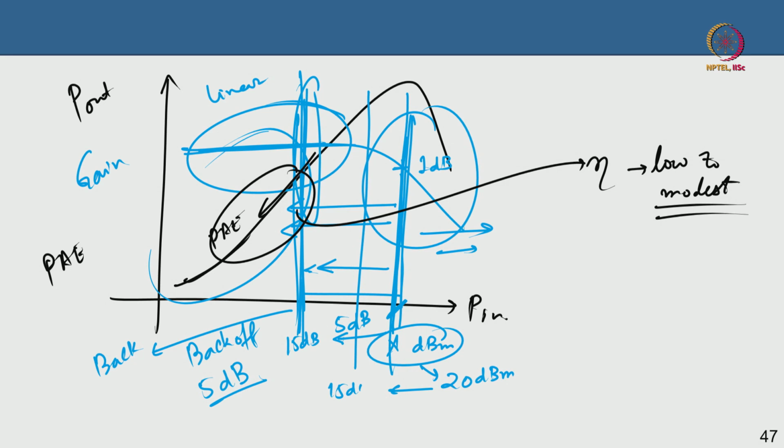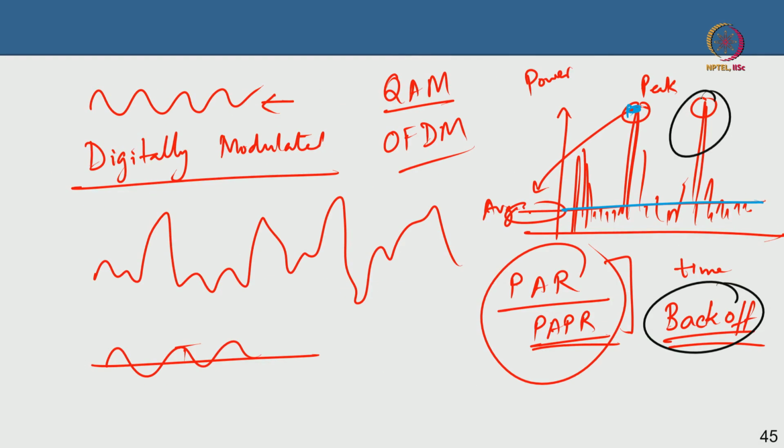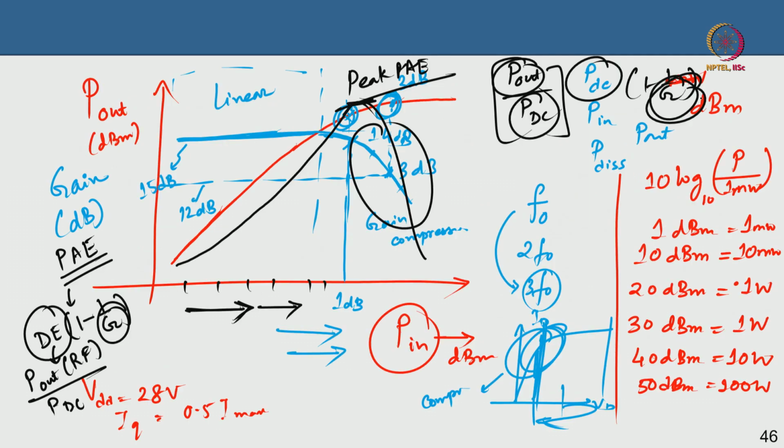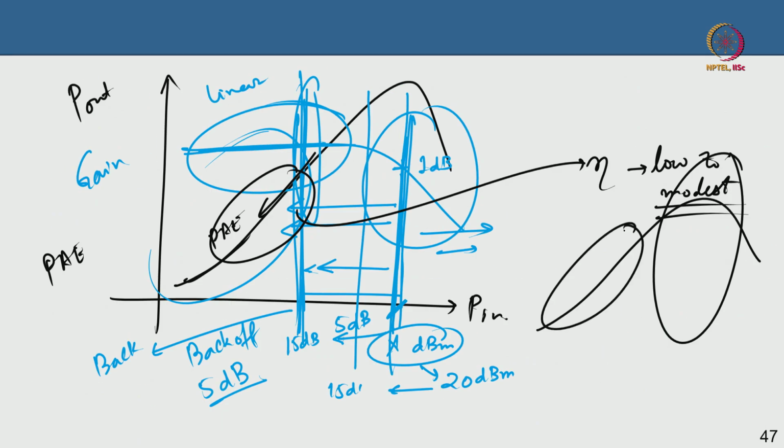That means you are not operating at saturation, and because your efficiency curve goes like that, and this is your saturation, you cannot operate there because your voltage and power swings are so large because of the digital modulation scheme. So you are forcing yourself to operate here. Your efficiency is also low in the back off, but you have no option, you need to operate at back off to ensure that you are at the linear part of the power profile here, okay.